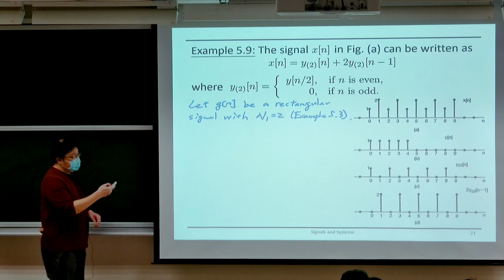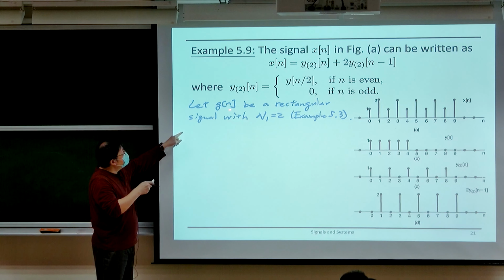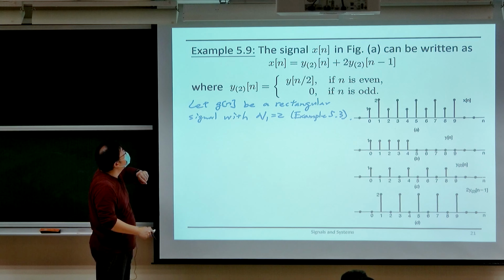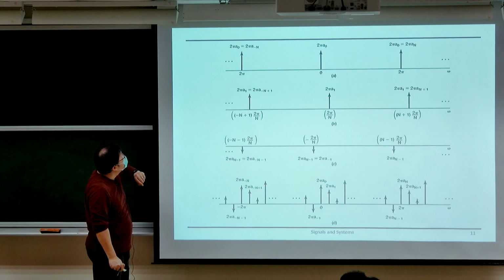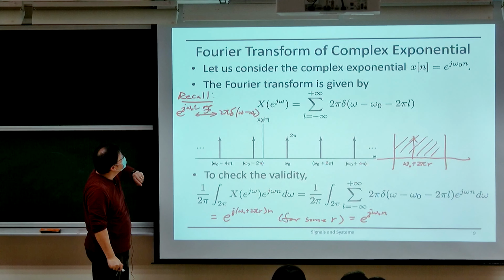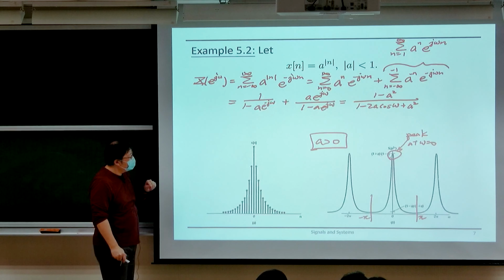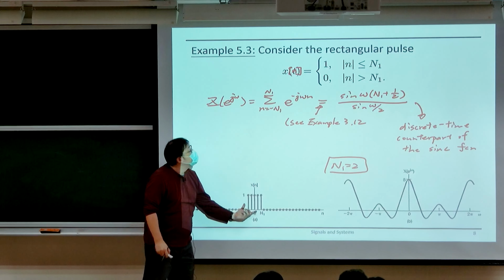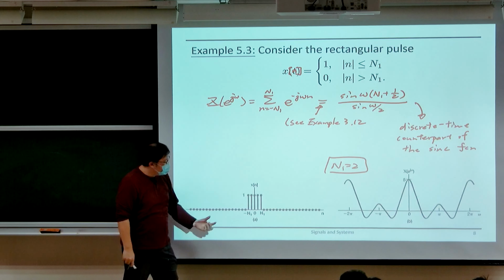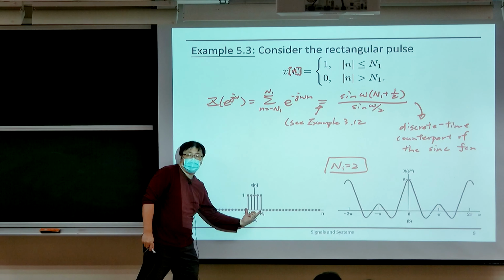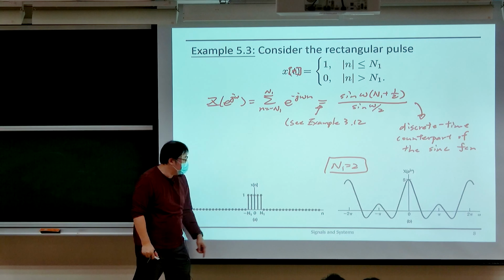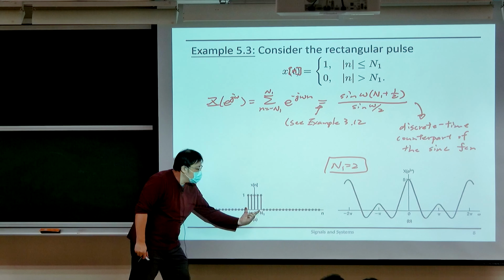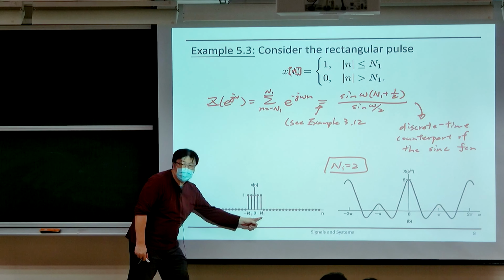So g[n] is a rectangle with n1 equal to 2. If you look back at example 5.3, g[n] is this square signal with n1 equal to 2. This signal goes from -2 to 2.